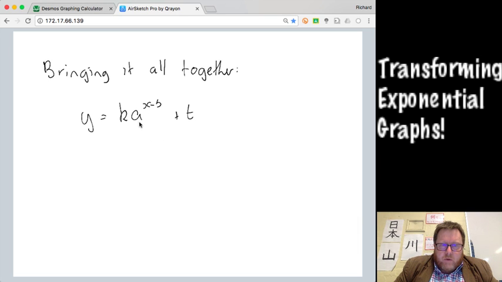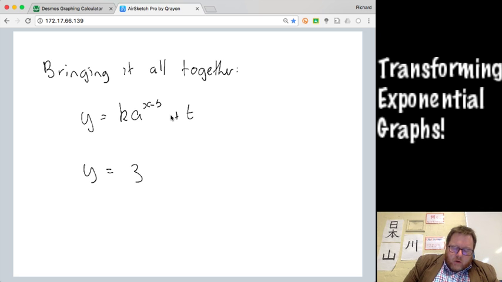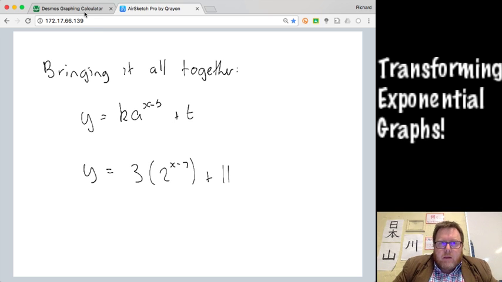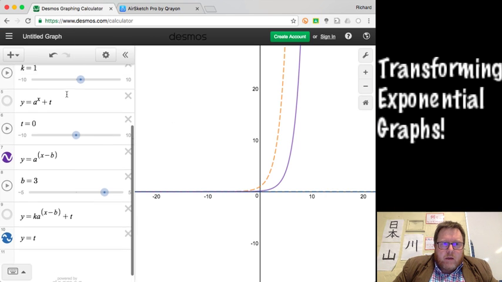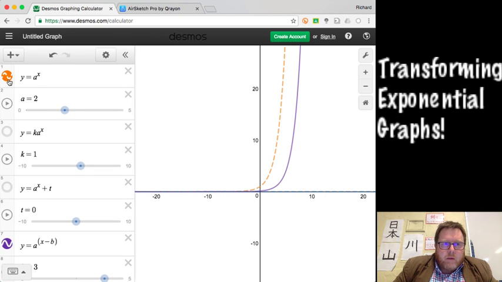You can do quite a few different kinds of styles of functions. So y equals k times a to the power of x minus b, plus d. So an example of that would be y equals 3 times 2 to the power of x minus 7, plus 11. So that would look like, let's get those values.